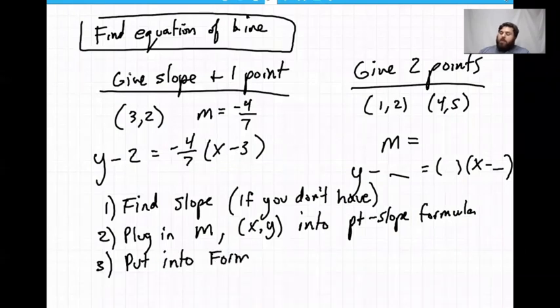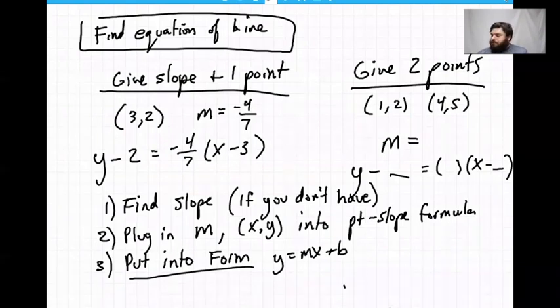You're going to put it into the correct form, whether that's y equals mx plus b, or maybe you just leave it like you had it, that's point slope form, or maybe you put it in standard form, but you put it into the right form. Usually that's y equals mx plus b, so usually you're going to solve for y, but that's not always the case.